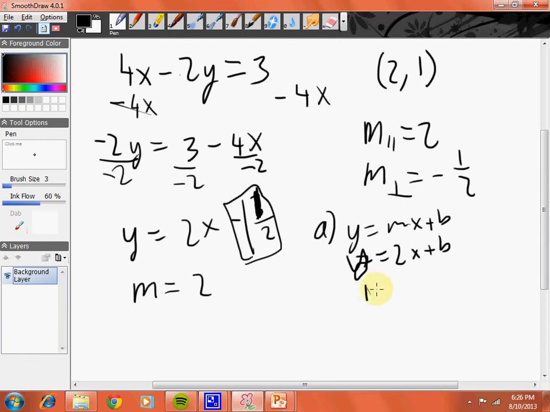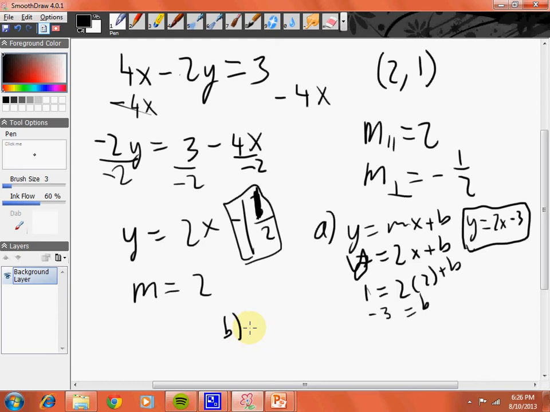So 1 equals 2 times 2 plus b. We get 4 here, and then subtract from both sides, we get -3. So our answer for A is y equals 2x minus 3. And my students should be boxing the answers.